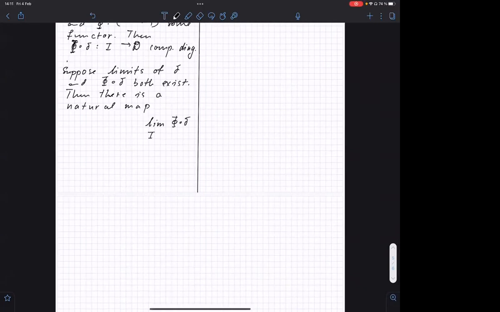That's an object of D. It has a universal property. I know how to map into it. I claim that there's a natural map, using that universal property, from what I get by evaluating phi on the limit over delta, which is an object of C. So where does this come from?